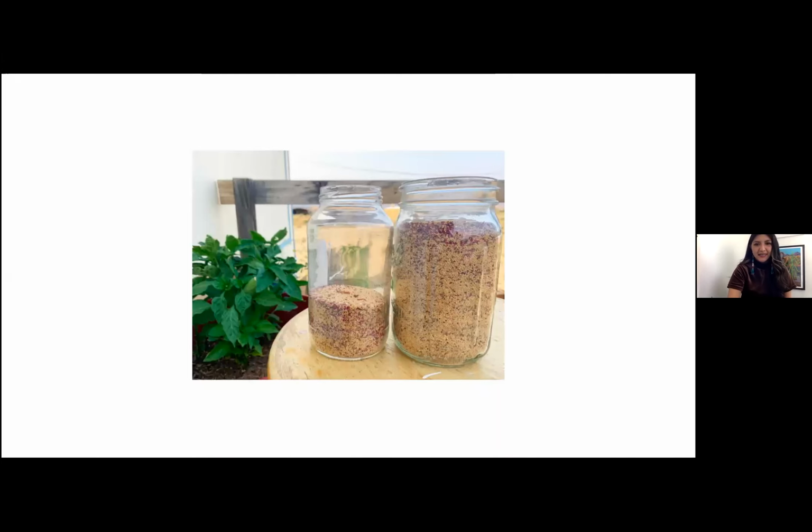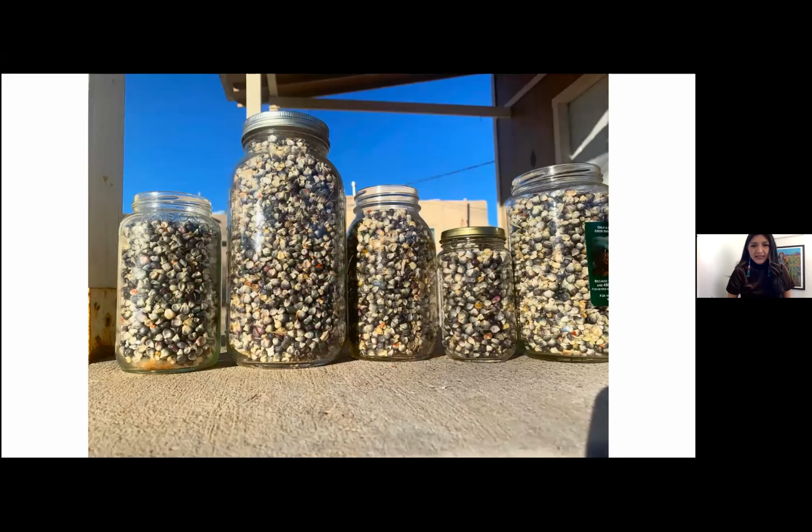This is the amaranth seed after I cleaned it and winnowed it. Like I said, it was 1,000-fold. That was a really beautiful project for me. This is the Acoma blue corn seed. This is about 1/4 of what we grew in the field this past season.